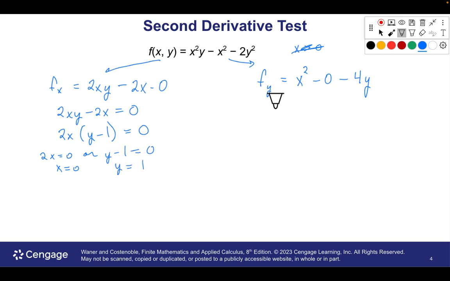When we come over here, we get x squared minus 4y equals 0. And I think the problem is we have to check that both of these have to be true. If you put in 0 for x, y would have to be 0, right?